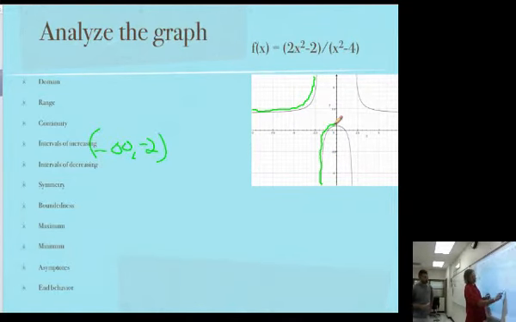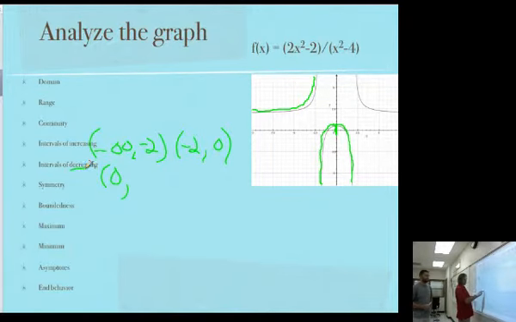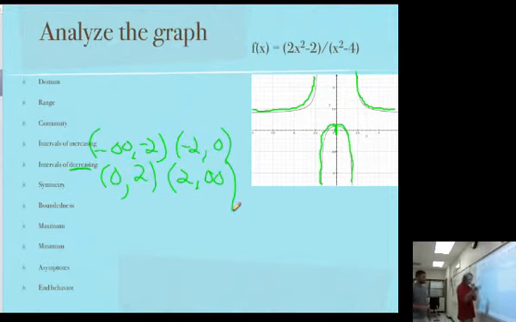So I jump over -2, and I still go until I get to 0, because this is 0 right here. Then what happens? Oh no! It starts to go down, starts to fall. So from 0, I'm decreasing. From 0 until we get to, what was that, 2? 2. And then it jumps over 2, and now what's the graph doing if I follow from left to right? Still decreasing. Still going down. So from 2 forever, it goes down just a little bit.